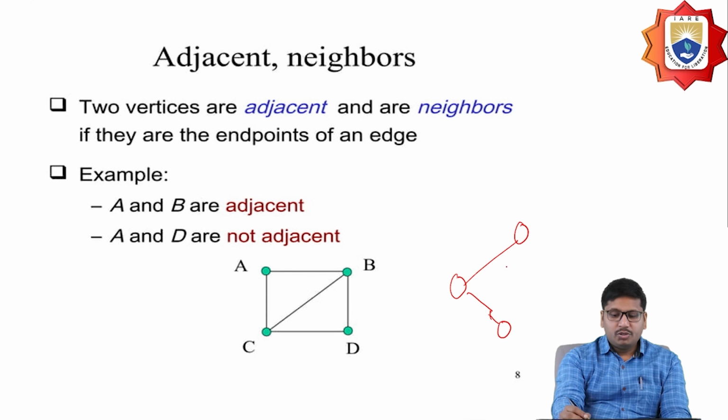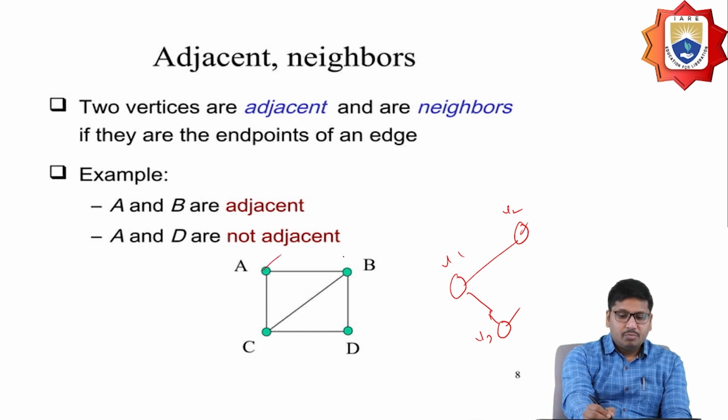For the vertex V1, V2 and V3 are adjacent vertices. Here A and B are adjacent, but A and D are not adjacent since there is no line between them, so they are not neighbor nodes.